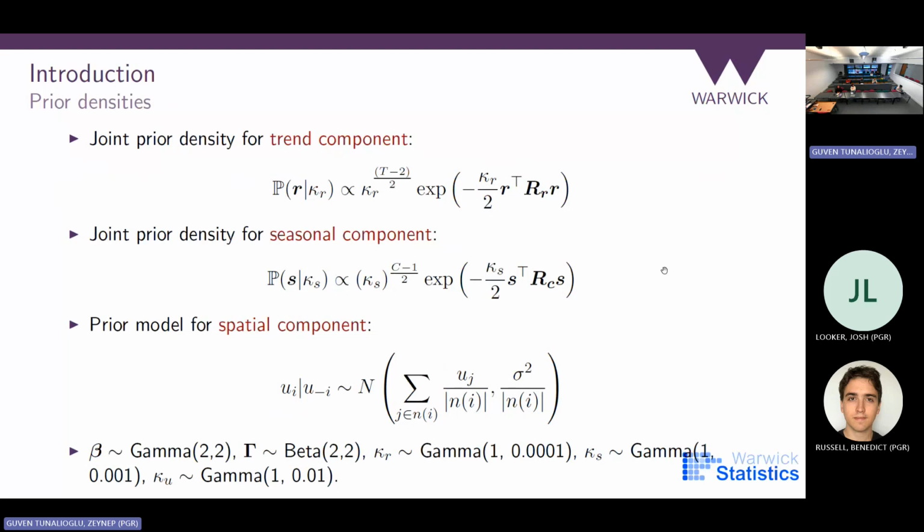This parameter governs how smooth the trend component is, because it's a background trend, so you want a very smooth model for that.